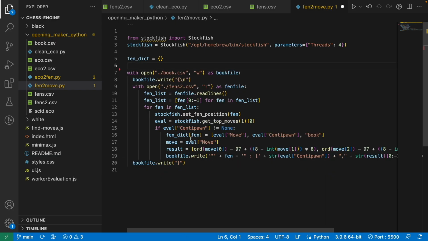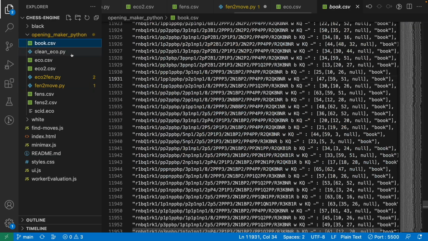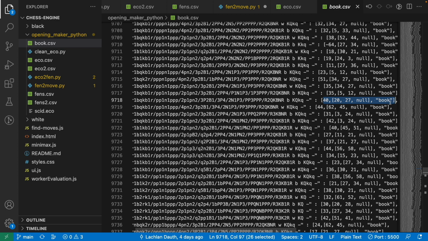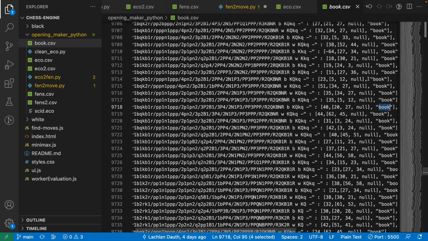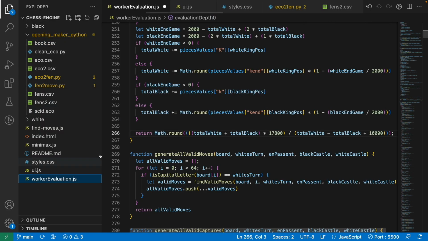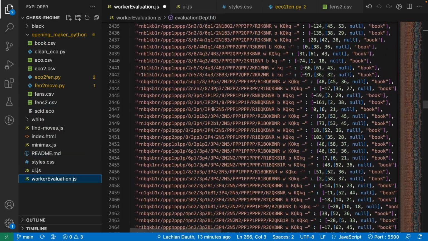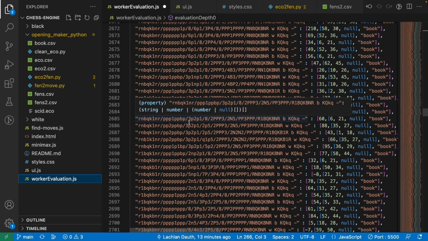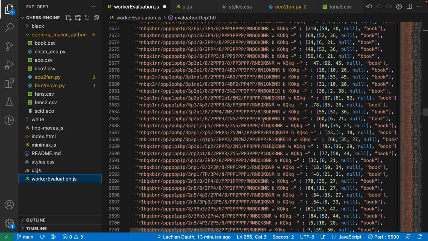Essentially, I write this file, which generates the FEN string, then a book value. That's the evaluation, the starting position, ending position, if it's a promotion piece, and the name of the book value. Then I just copied and pasted that into workers.js, and here you've got a huge amount of book values, which is very useful for the position.